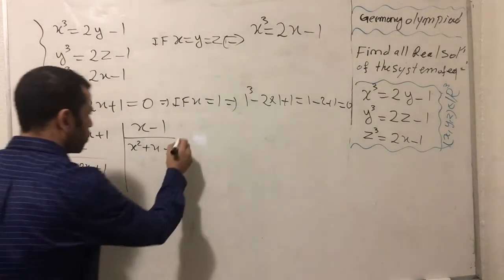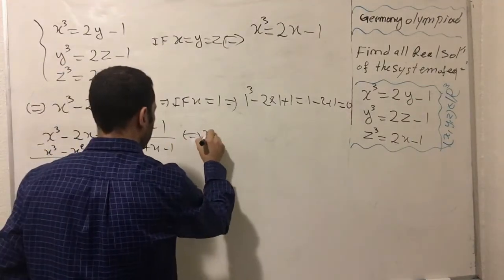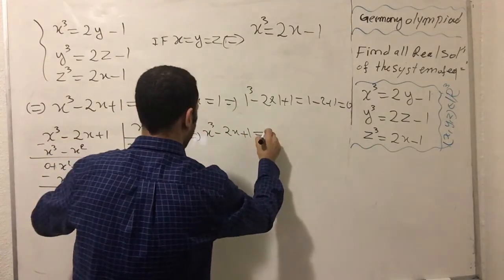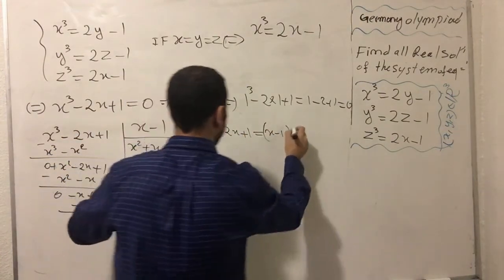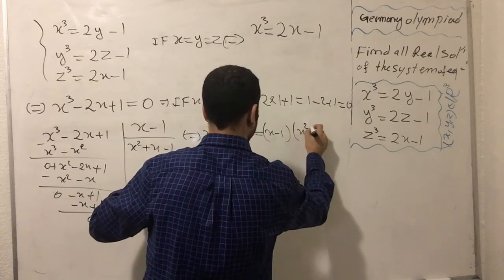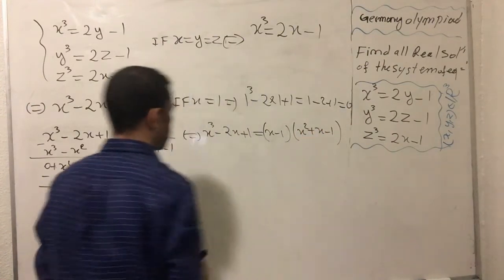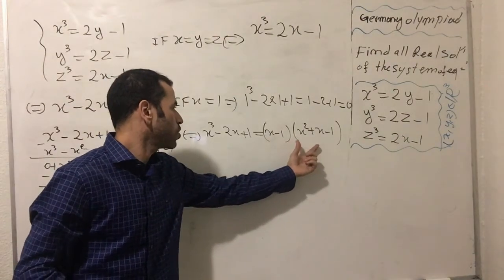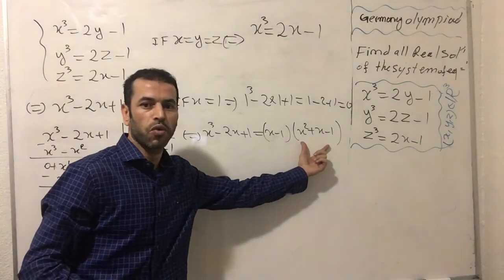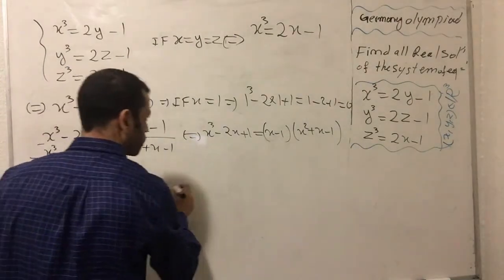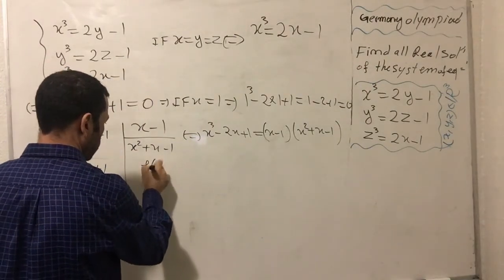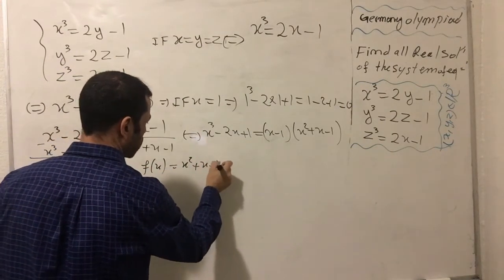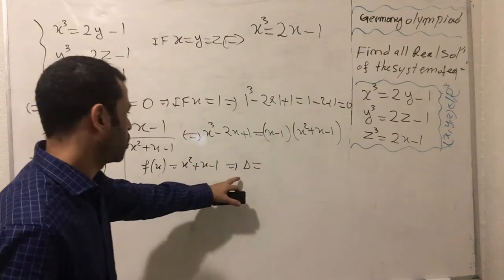So now x cubed minus 2x plus 1 equals x minus 1 multiplied by x squared plus x minus 1. I'm going to solve this to find the roots of this quadratic equation. Let's set f of x equal to x squared plus x minus 1 and calculate the discriminant.